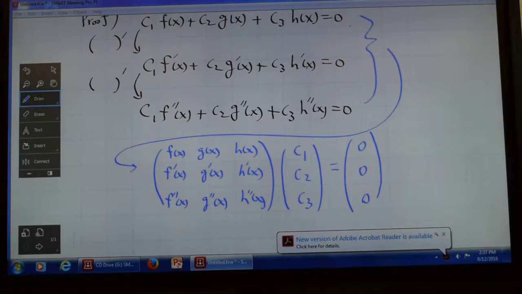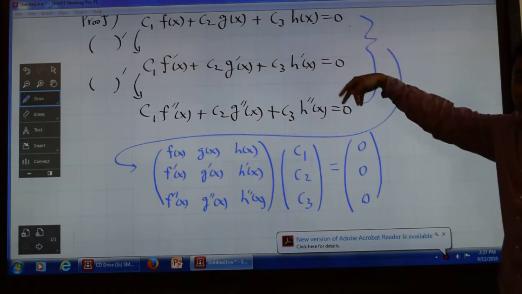This matrix equation encodes exactly these three equations you have above.